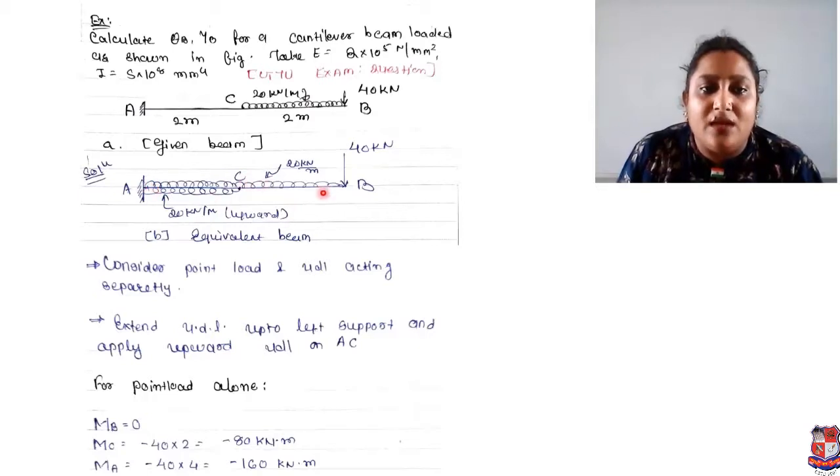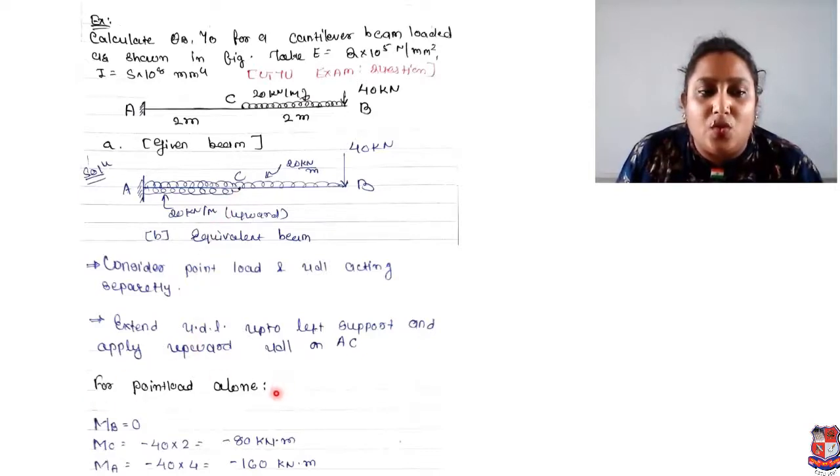Here a 20 kilonewton per meter load is there, so in that portion in the upper direction we have provided a 20 kilonewton per meter UDL. So as per that, consider point load and UDL acting separately for our problem. Extend UDL up to left support and apply upward UDL on AC.